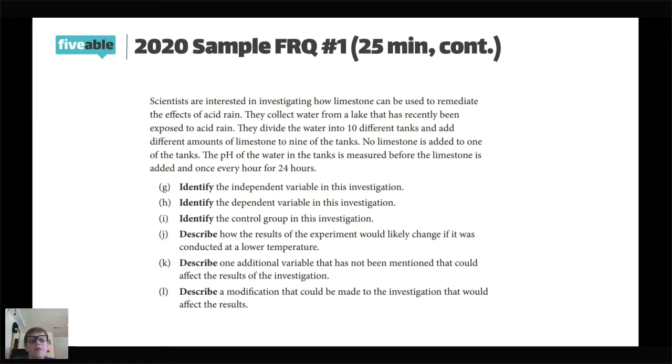So, part L says, describe a modification that could be made to the investigation that would affect these results. Does anybody have a modification that they could make to make this investigation better? Okay, amount of water tested. I like that.